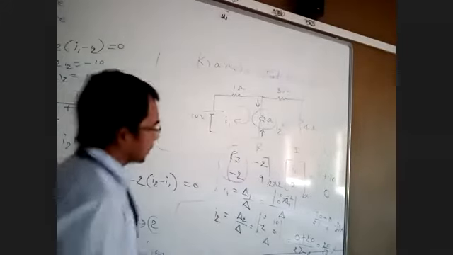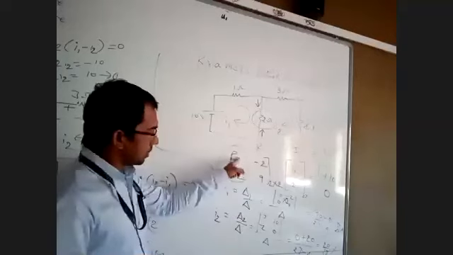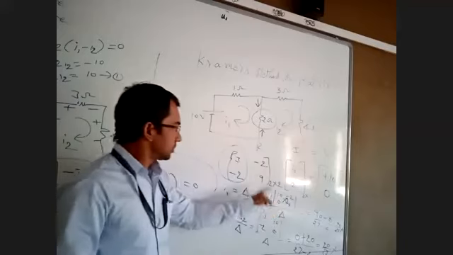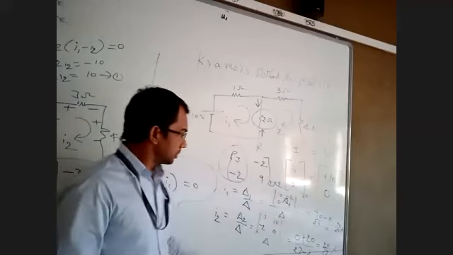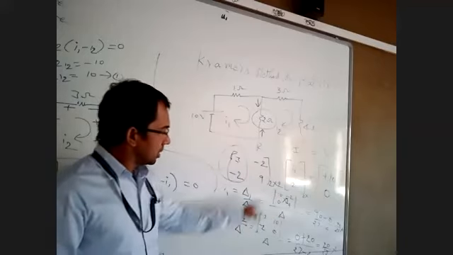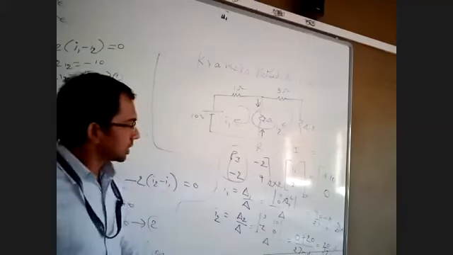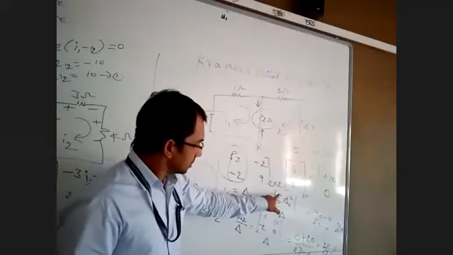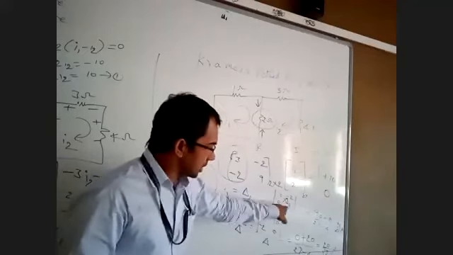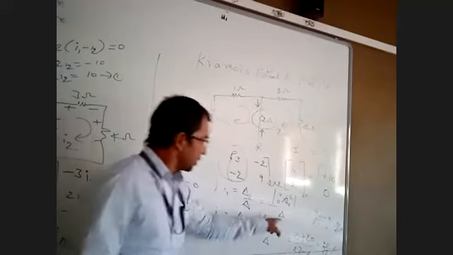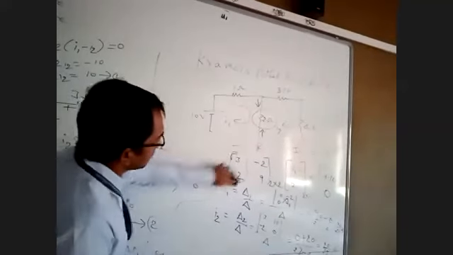See here, delta 1 means replace the first column with 10 and 0, the second column as it is. Here delta 2 means replace the second column with 10 and 0. Now take the determinant. The determinant of this matrix is 10 into 9, 90, minus 2 into 0, which is 0.